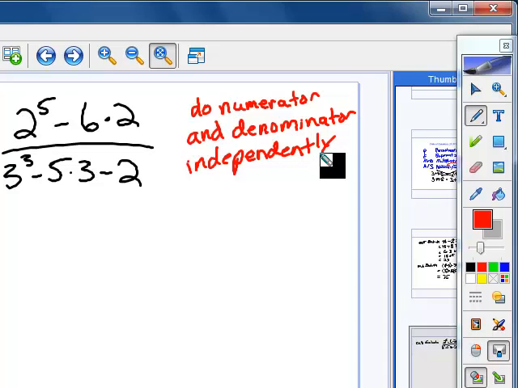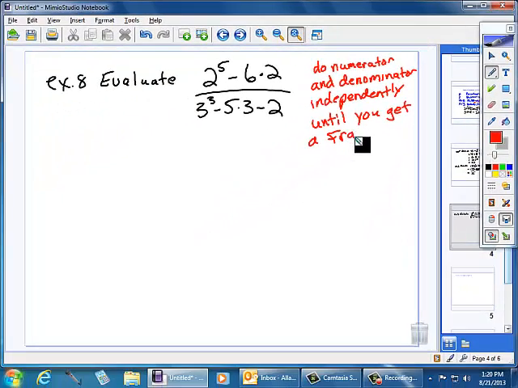Okay, there's three things that you'll be able to do at the very end. You'll do this until you get a fraction, at which point you will either simply divide it out.